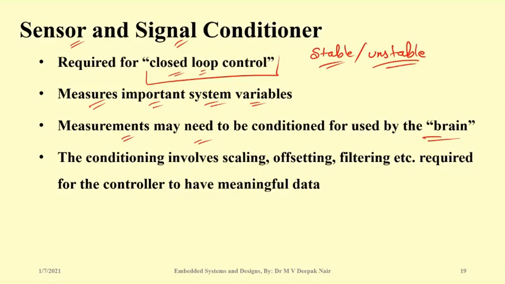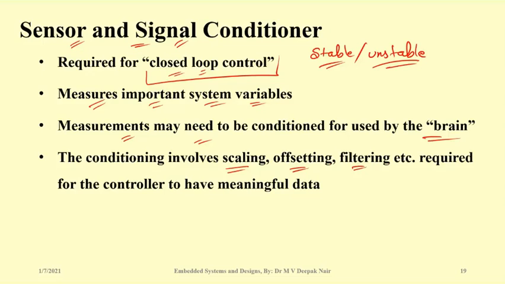Now conditioning. When we say signal conditioning, the conditioning of the signal may be scaling. Scaling means amplification, de-amplification, and so on. Offsetting means adding some DC voltage, subtracting some DC voltage, or so on.